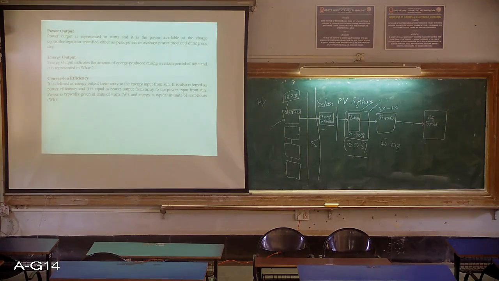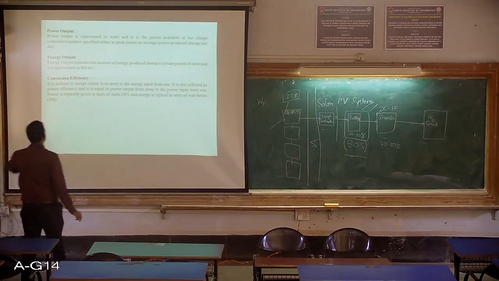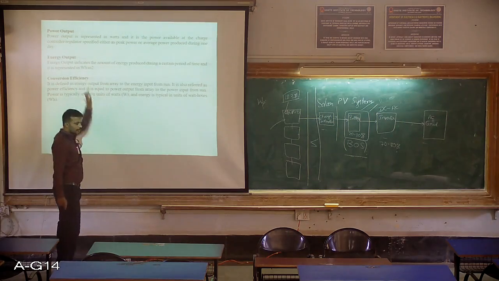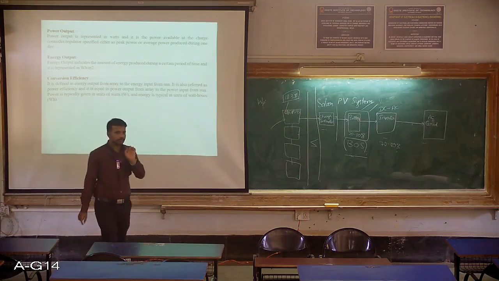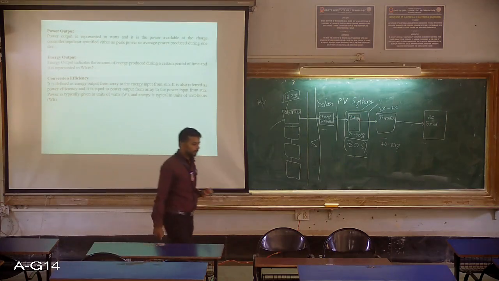And the energy output indicates the amount of energy produced during a certain period of time, and it is represented in watt hour per meter square. So energy output is not only the watt hour but also with respect to the area.